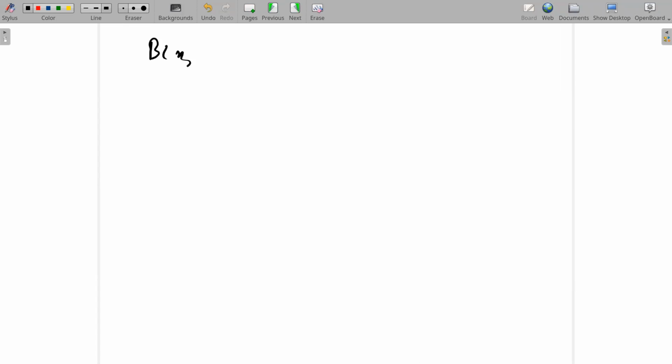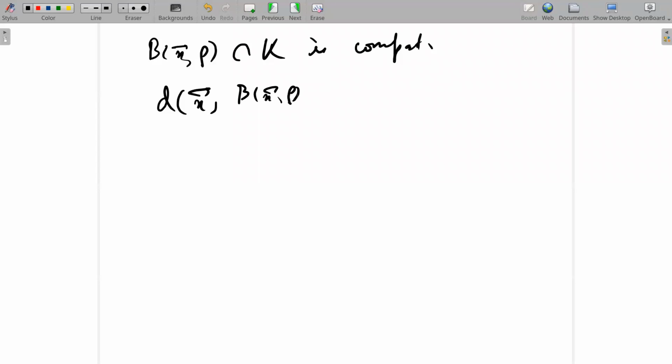So B(x, rho) intersection K is compact. There you can use the argument that the distance function from x on this set is continuous and attains its minimum at some point in this set.